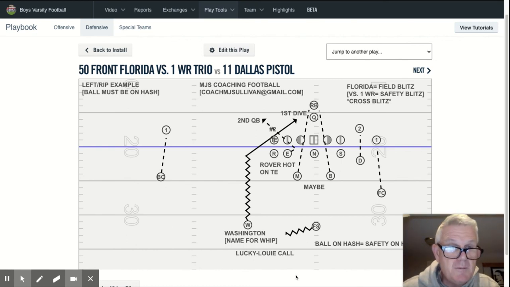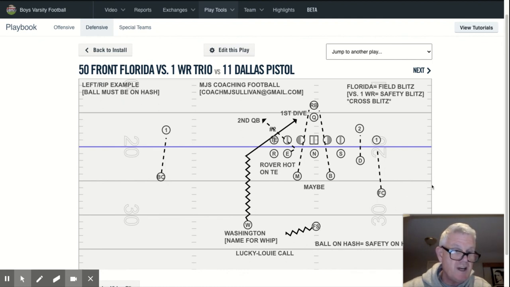Okay? And the last thing I want to talk about is the safety here. When the ball is on the hash, we keep safety on the hash. The other safety will follow normal alignment rules. So versus the tight end, he's 2x12 off the edge. Might not look like it, but he is. Okay. Safety stays on the hash because it's a shorter field.